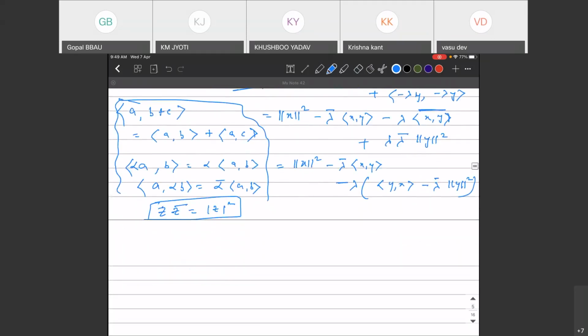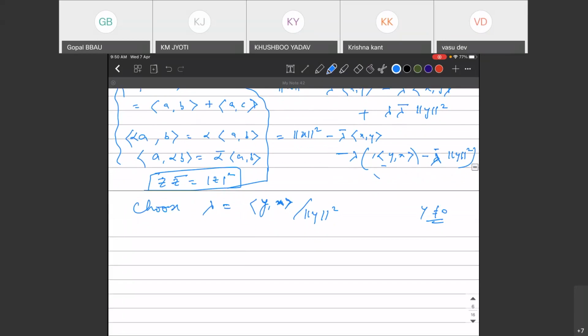Correct? Now we choose lambda, taking norm y squared outside, so that lambda is y comma x by norm y squared. It is well defined because y is not zero. Otherwise we cannot choose lambda equal to this term.